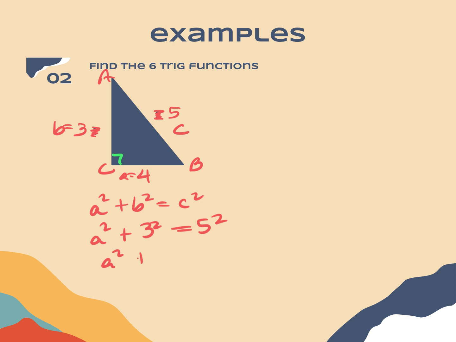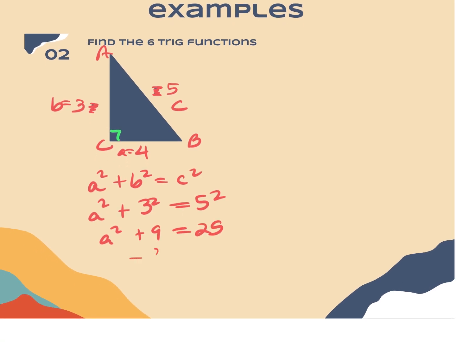This time we subtract in order to get our a value. So when they give you the hypotenuse, you're squaring and subtracting. And then square root, and then a is the 4 that I already put in there. But again, this is a common triple that shows up on standardized tests. If you don't want to memorize it, you just do a squared plus b squared equals c squared.